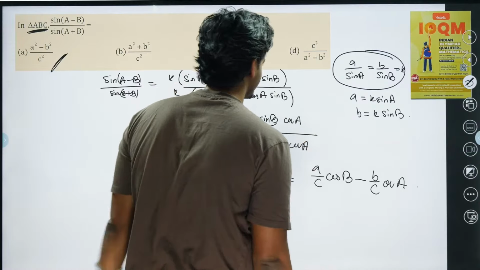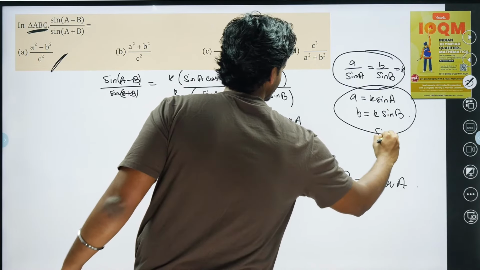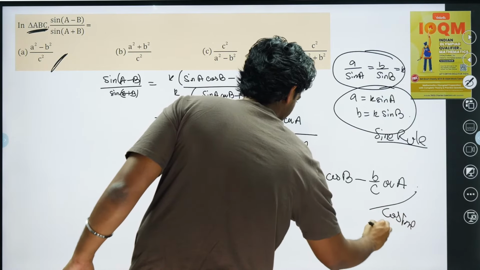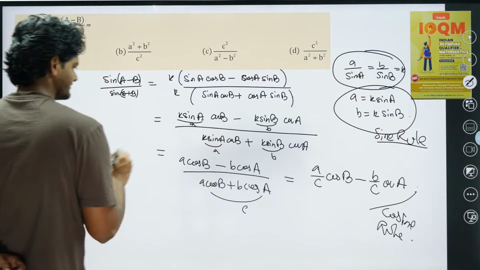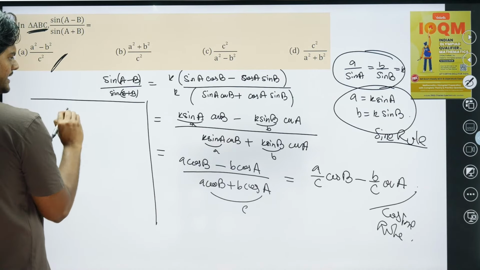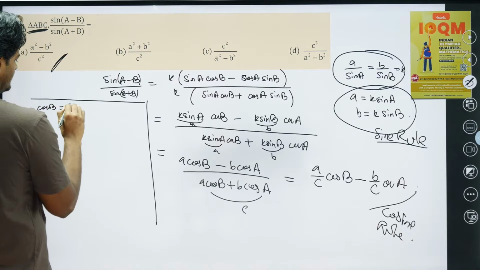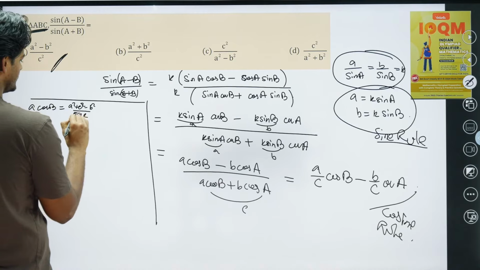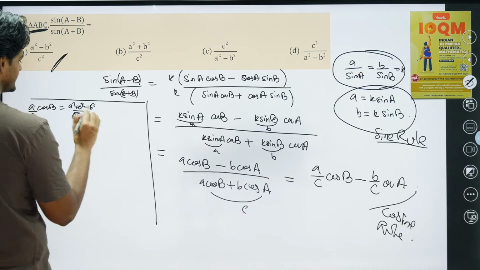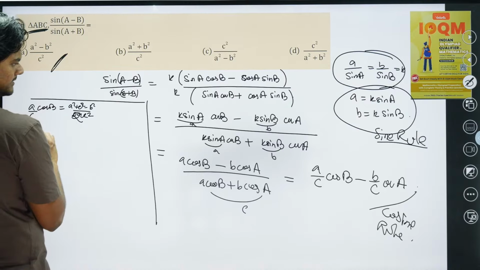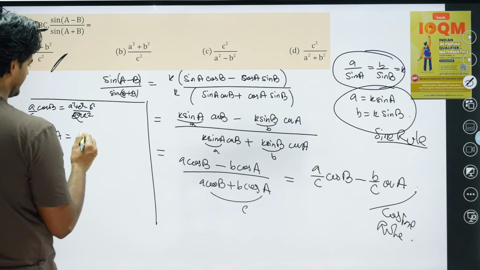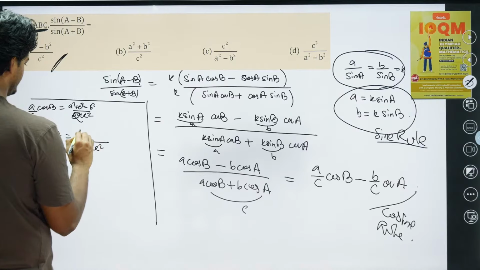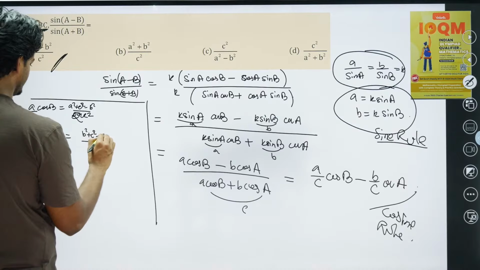We applied the sine rule here, so we will apply the cosine rule here. a cos B is a square plus c square minus b square by 2c, and similarly b cos A will be b square plus c square minus a square by 2c.